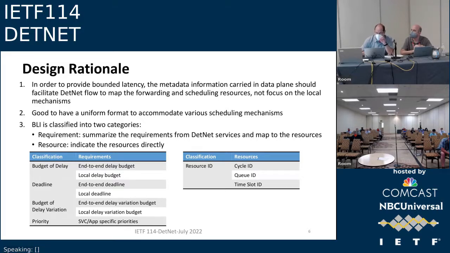So we have the numbers: 67 who are on Meet Echo. We have participation, which is a little better than half, and about half who've read the document. So we clearly need people to take a look at this document.